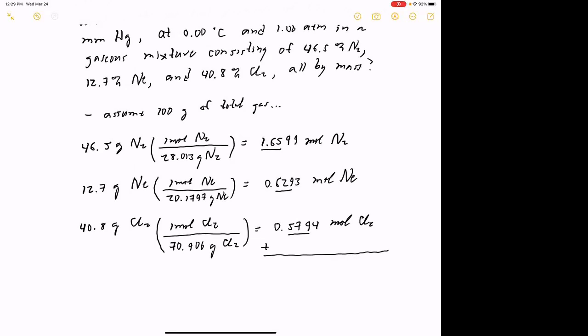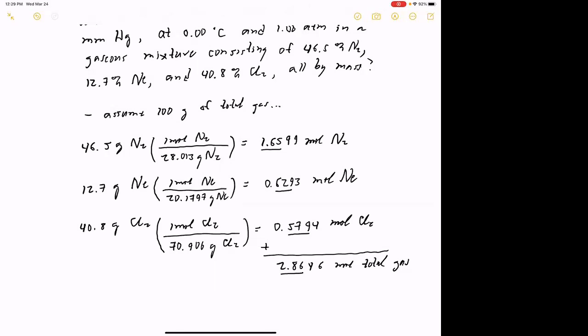So I'm just going to add those up. And what I get is 2.8646 moles total of gas. Okay, and it looks like I'm going to be good to the hundredths place there when I add. So I've got essentially 2.86 moles of total gas to three sig figs.